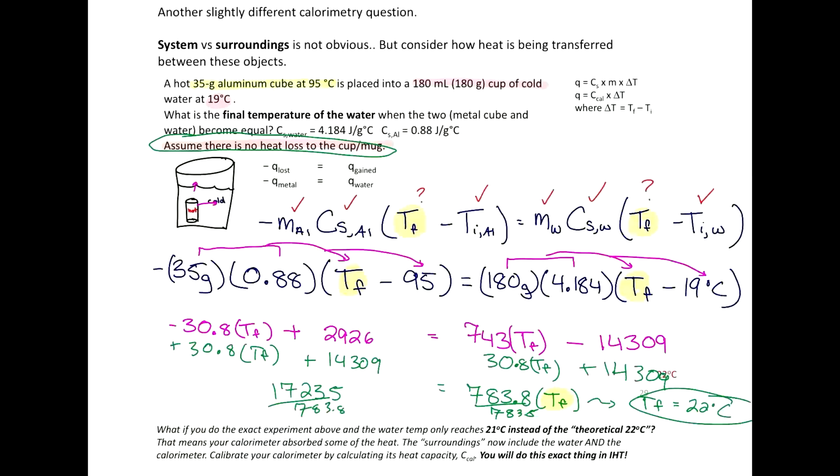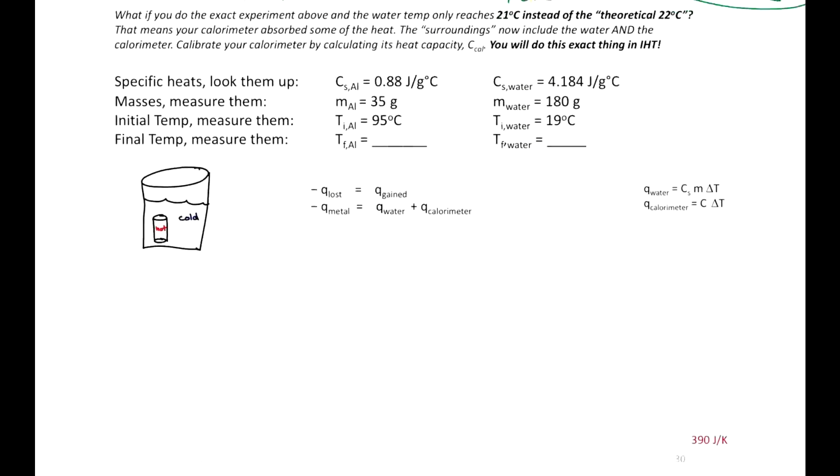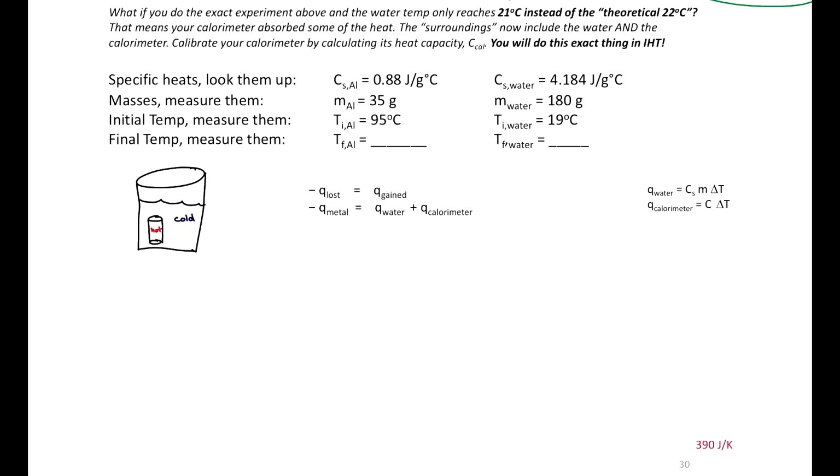When we think about energy transfer, if we have a hot cup of coffee in a coffee mug, will it stay that hot, toasty temperature forever? No. So in the real world, there is heat loss to your mug or your coffee cup. So in this next question, we're going to calculate, what if you do this exact experiment? We can calculate the theoretical maximum heat transfer that will result in a 22-degree final temperature.